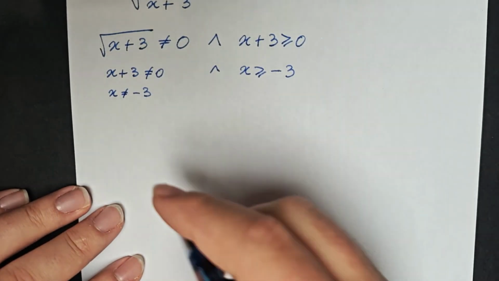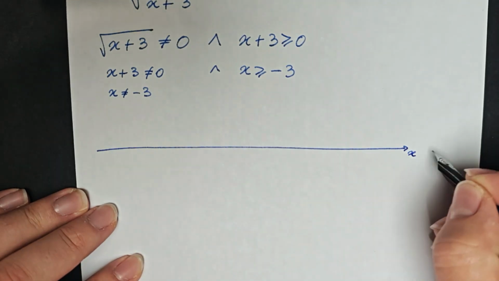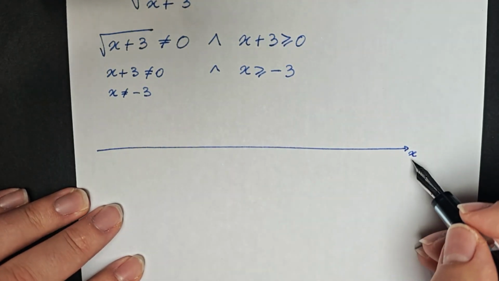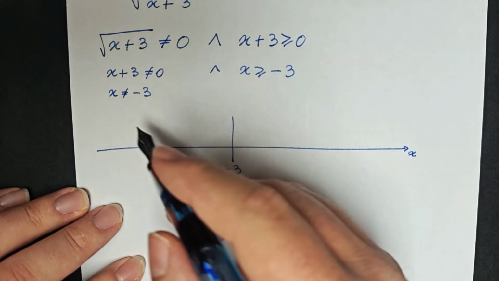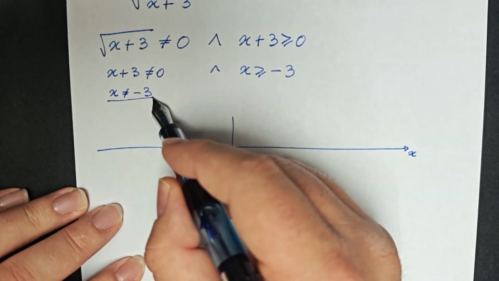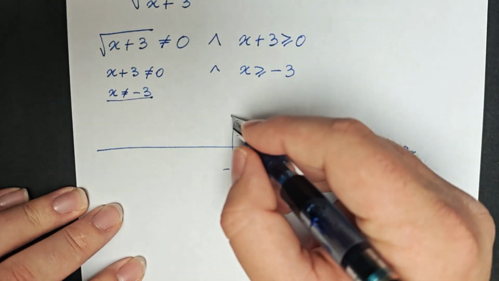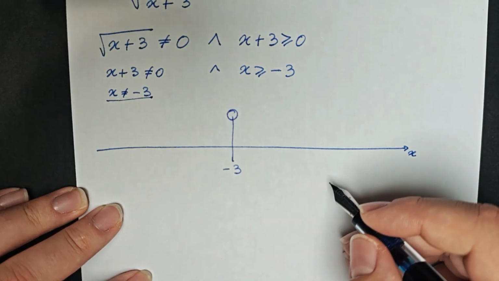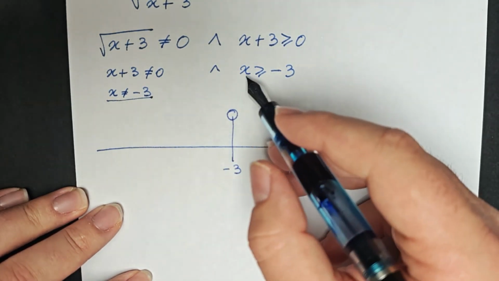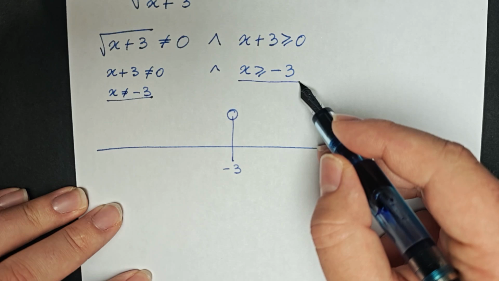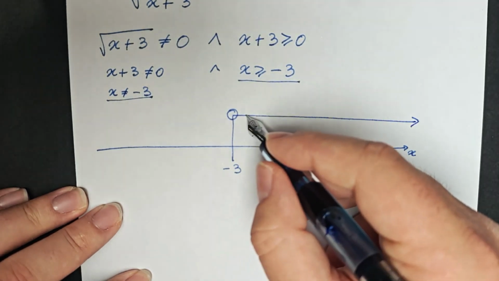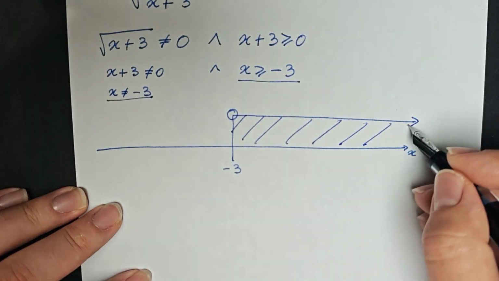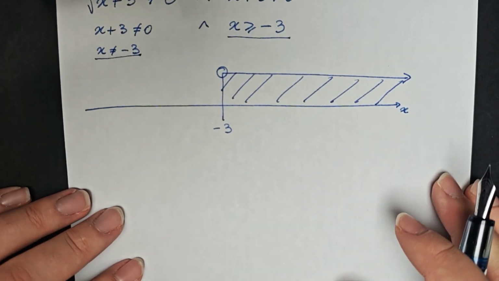So let's put this on a line of all real numbers. We are reading the values for variable x from this line. Number negative 3 is at this position. It has to be different than negative 3, so negative 3 is not included in our interval. x has to be larger or equal than negative 3, so everything that is on the right side of the number negative 3 is inside our interval.